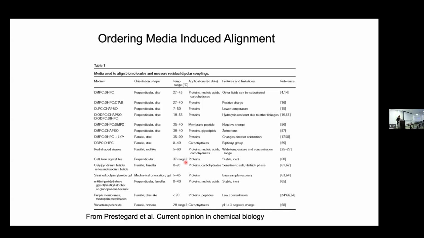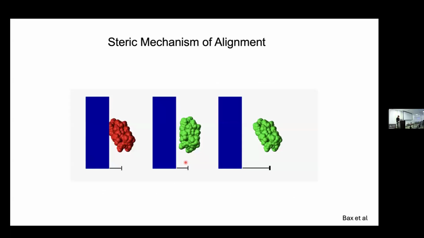But the steric mechanism, I think, works quite well for nucleic acids, and it's just remarkable that something that simple could explain. I mean, they could predict the ubiquitin RDCs to within like 0.5 Hz. So this was a very big and important explanation of the mechanism.